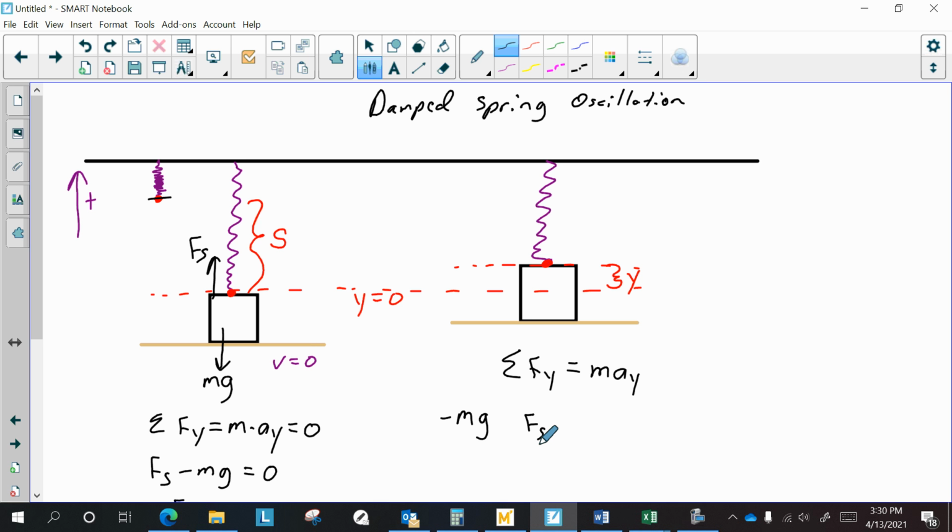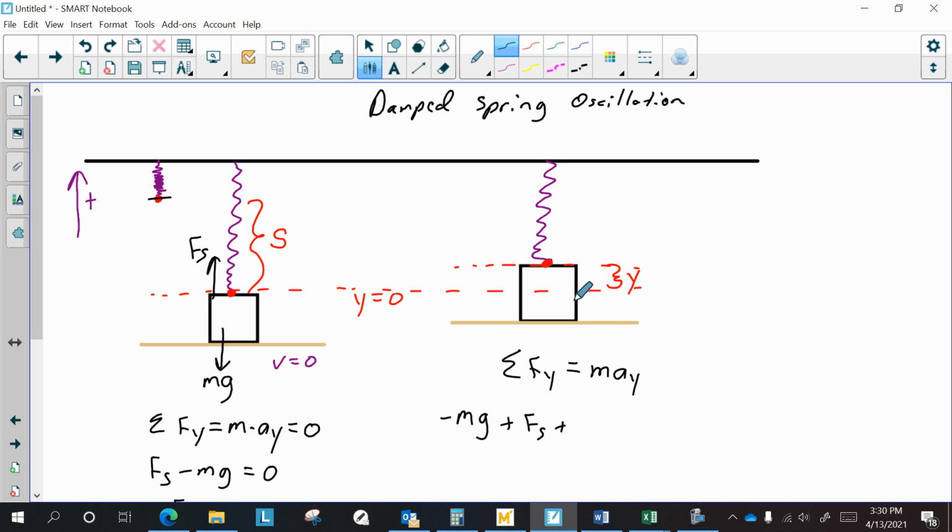At different times, it's going to be pulling at different amounts, but whether we're here, here, or here, that spring is stretched, so that force is going to be resisting that stretch, so that force is going to be up. The other force we have is due to the damping force, in our case, air resistance.